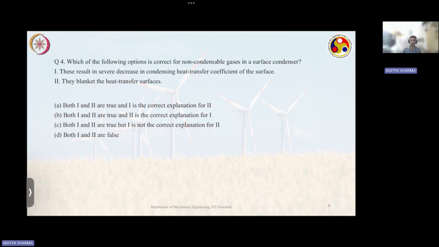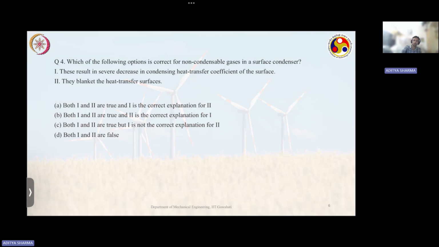And why does this happen? Next statement is they blanket the heat transfer surfaces. Heat transfer surfaces basically is the surface of the tubes in a shell and tube type of arrangement. So they blanket the heat transfer surfaces.